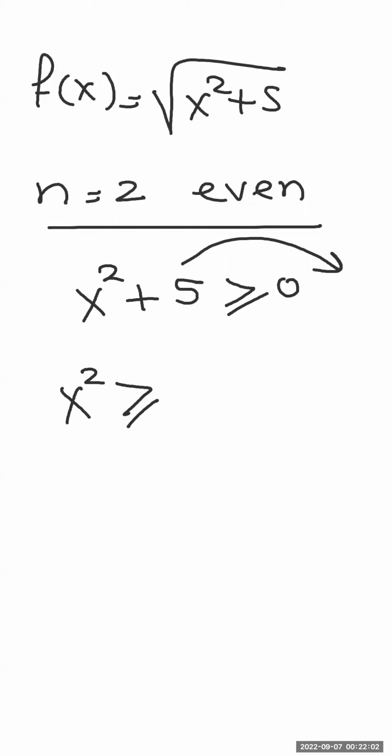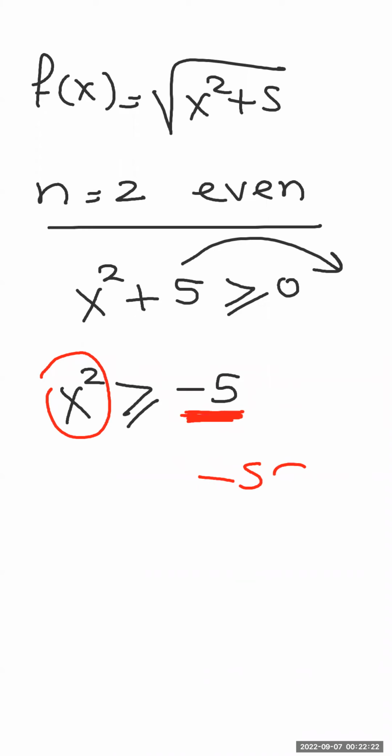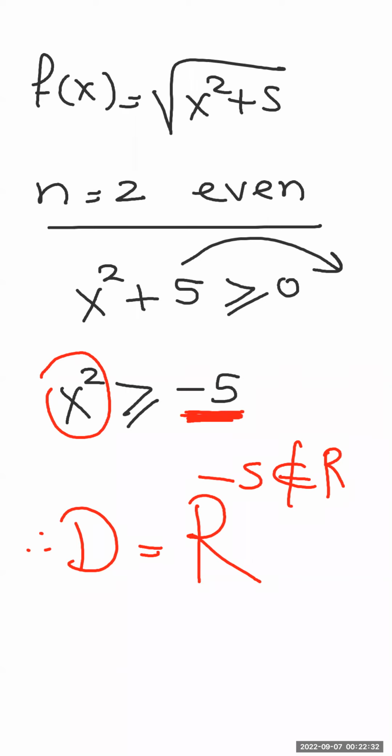Therefore, x squared is greater than or equal to negative 5. So what do you think? As there is a square root, this one is power 2. Negative 5 does not belong to the real numbers as a square. Therefore, there are no values that fail to satisfy the relation. In other words, the domain will be all real numbers. Okay?